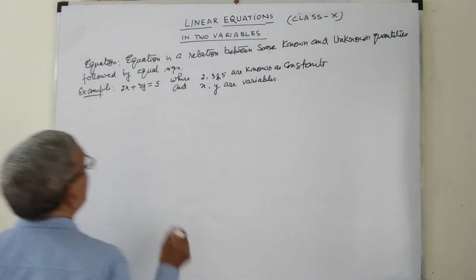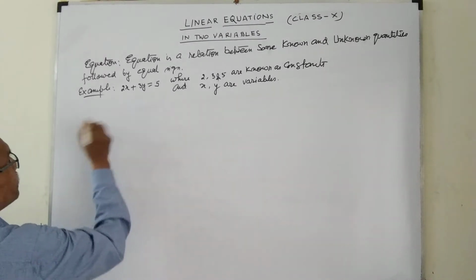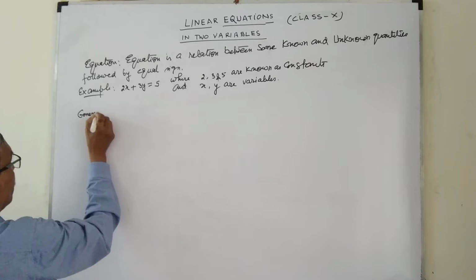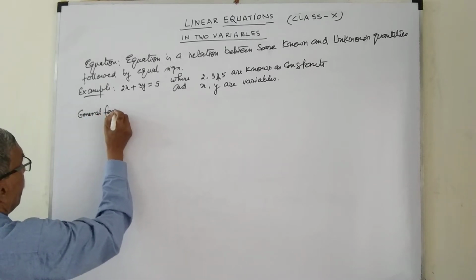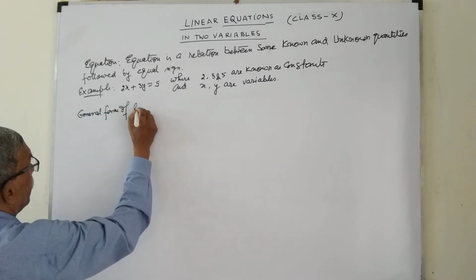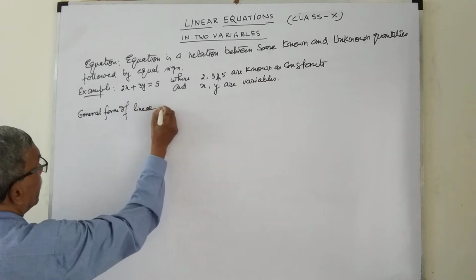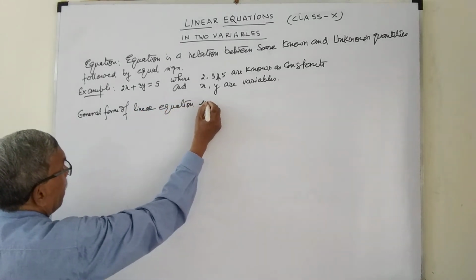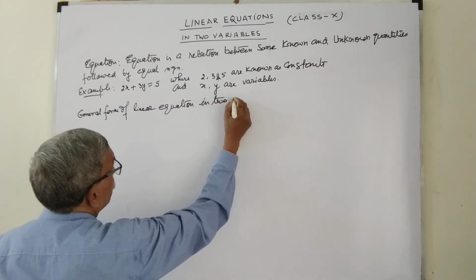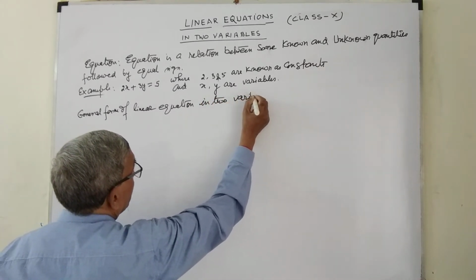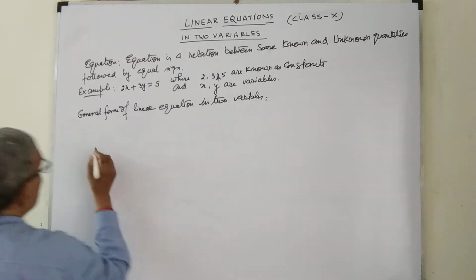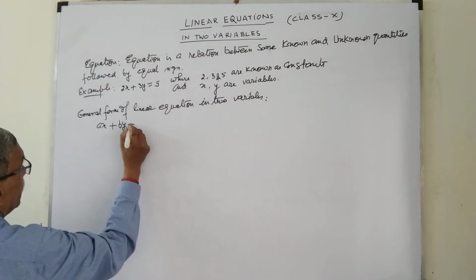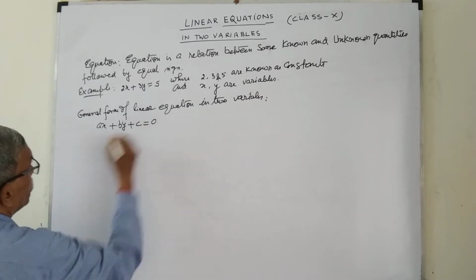Now, general form of linear equation in two variables. What is the example? So it is ax plus by plus c is equal to 0.